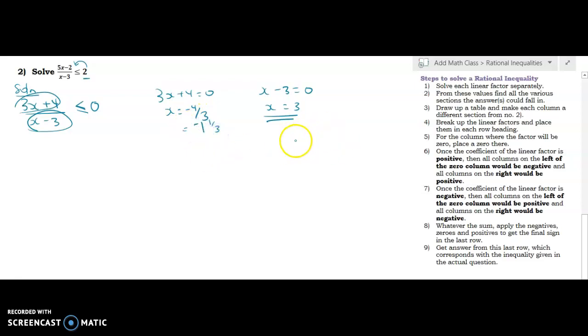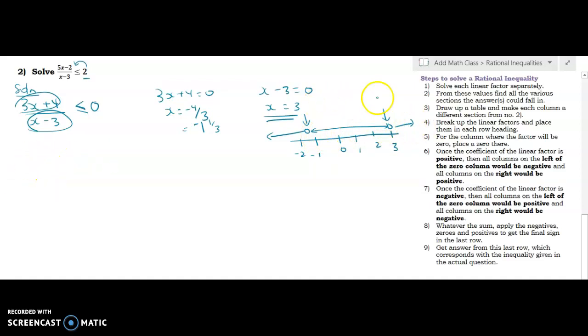So if I did a little number line, I'll get minus 1 and a third here. You don't have to do this each time. I'm just doing it because I'm teaching you all. 3 will be here. And this just means less than minus 1 and a third, equal to minus 1 and a third, between minus 1 and a third and 3, equal to 3, and greater than 3.